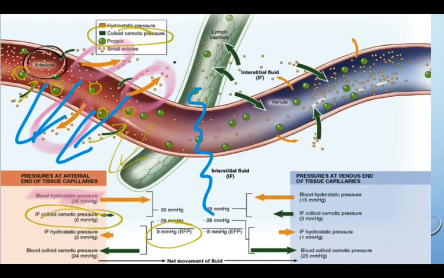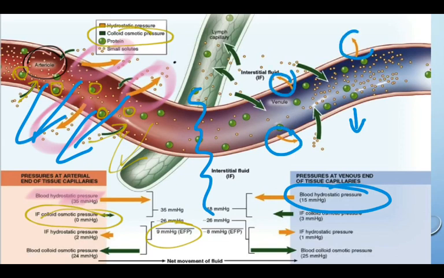Then here is where you have the change from the arterial end to the venular end. Well, here, remember what's different about veins and arteries. Arteries are very stiff-walled and not very flexible, where veins are. So you have a sudden decrease in the blood pressure here, in the hydrostatic pressure. Okay, so you quit losing as much fluid, and you see that with the little orange arrows, right?